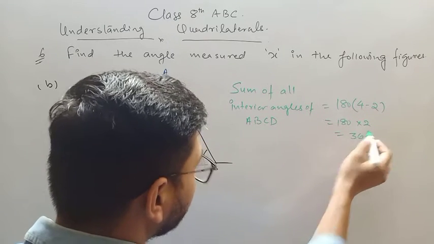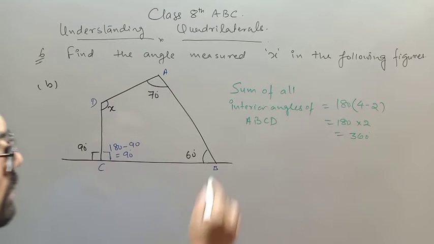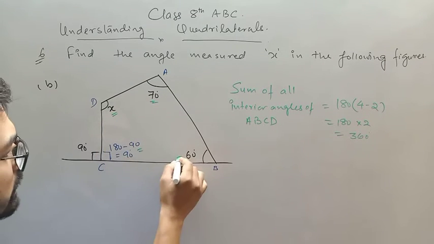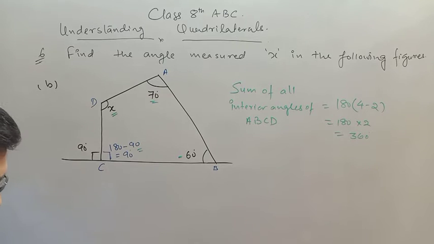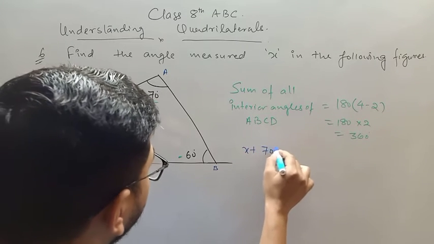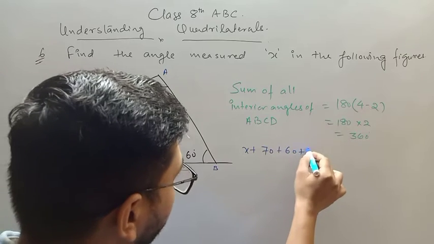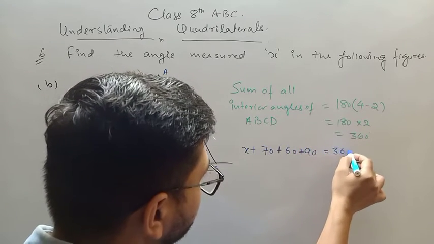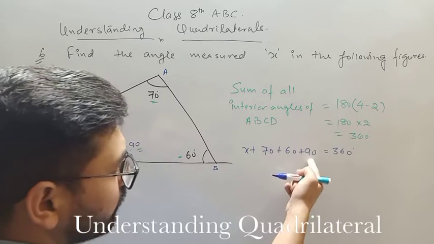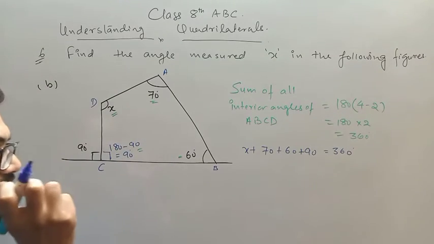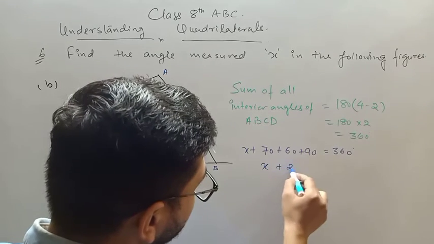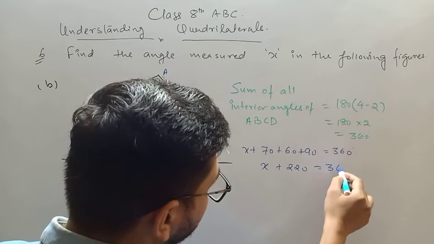Okay, and the sum of all interior angles means the sum of x, 70, 90 and 60. So you will add all these values: x plus 70 plus 60 plus 90 is equal to 360. Now 90 plus 70 gives 160, 160 plus 60 gives 220. So 220 plus x is equal to 360.